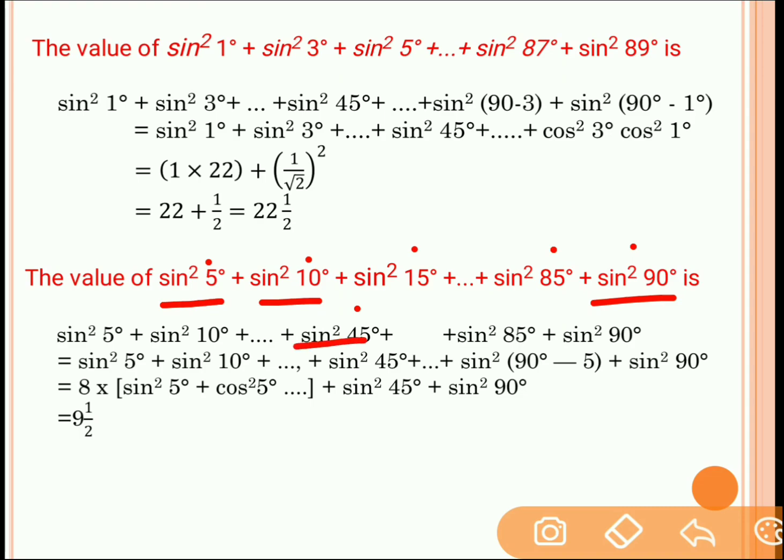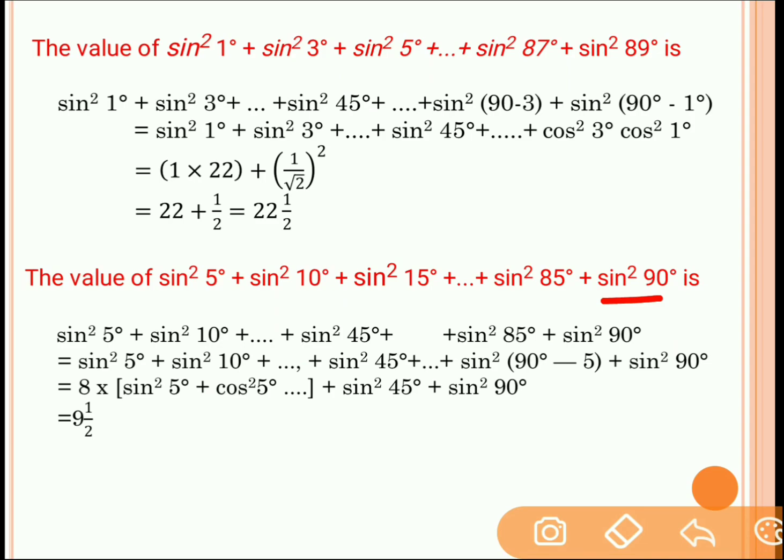Now next step is to check the complementary angles. Now if you see that 5 and 85, these are complementary angles. Similarly 10 and 80 degree, these are also complementary angles. So sin square 90 degree, the value of that is directly given, so we can keep that as an isolated term. So sin square 90 is equal to 1.